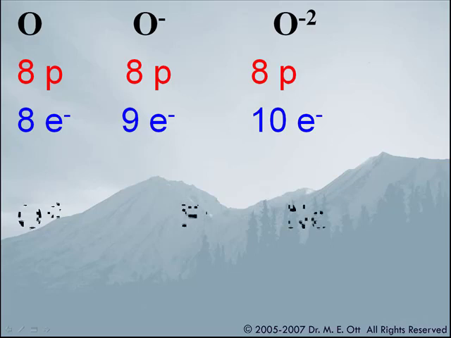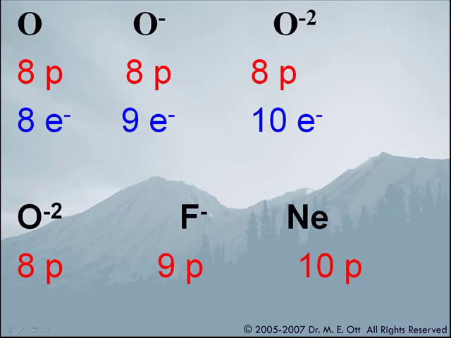One atom, different ions. What about these three species? An oxide ion, a fluoride ion, and a neon atom. How are they the same? How are they different? In this case, all three have a different number of protons. Oxygen has 8, fluorine has 9, neon has 10. But what they do have the same number of is electrons. In all three of those species, there are 10 electrons.